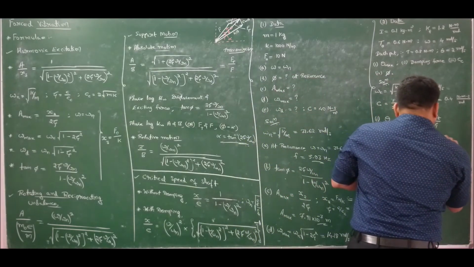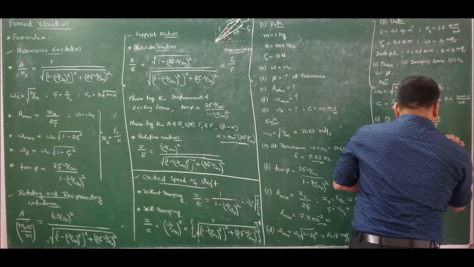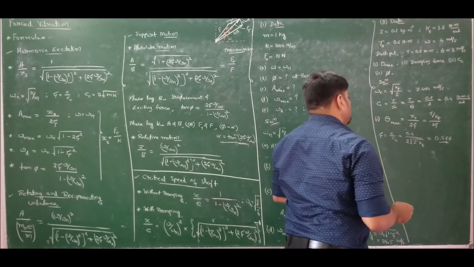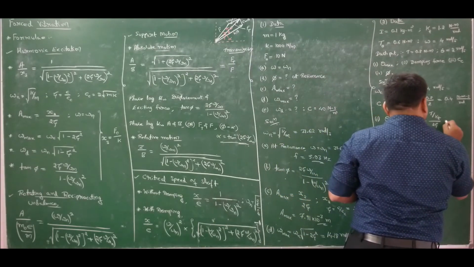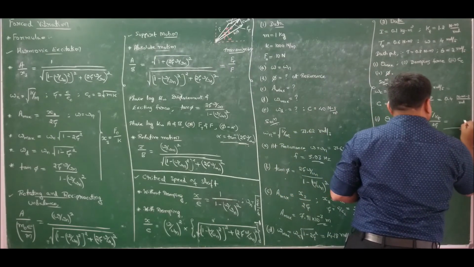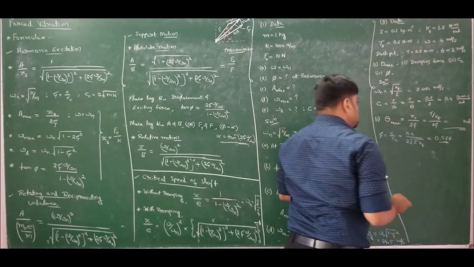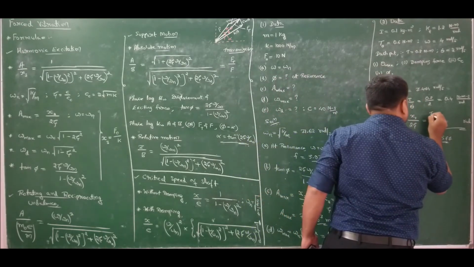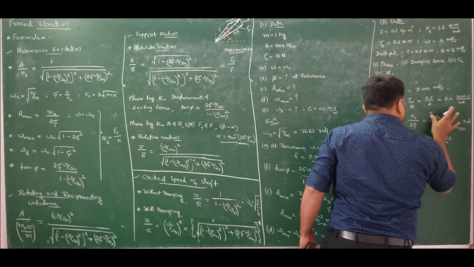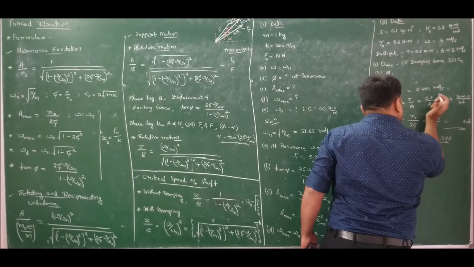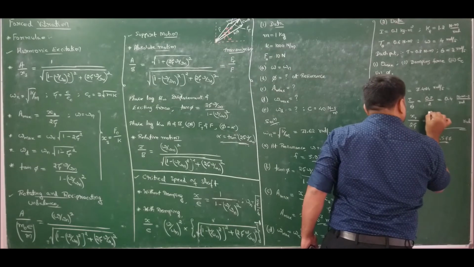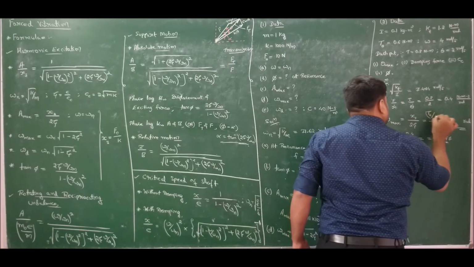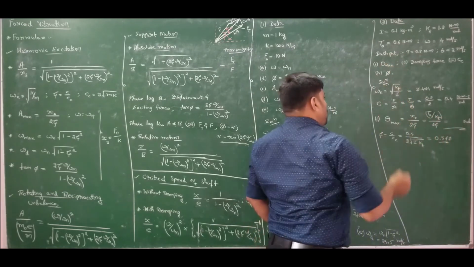So the damping coefficient is 0.577. If I substitute these values, I will get theta max in radians. We know the force applied, F naught, should be replaced by T naught, the torque applied, which is given as 0.6.